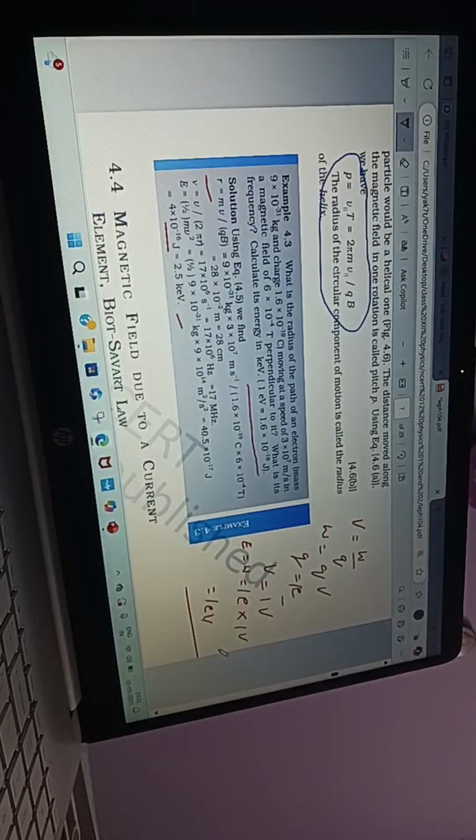Tell me. 1 electron volt is the energy of electron when it moves through potential difference of 1 volt. Very good. So 1 volt is how much in joules? 1.6 × 10^-19. Very good. So how did you get that value?